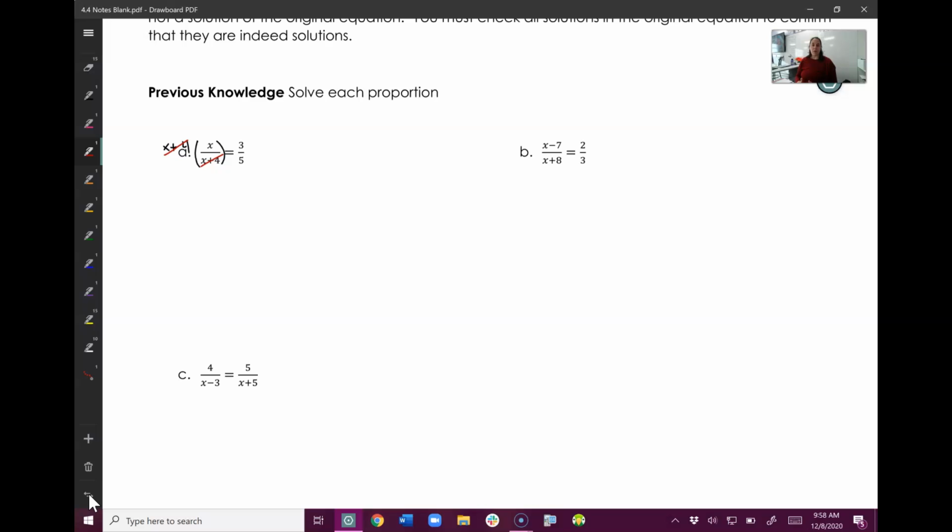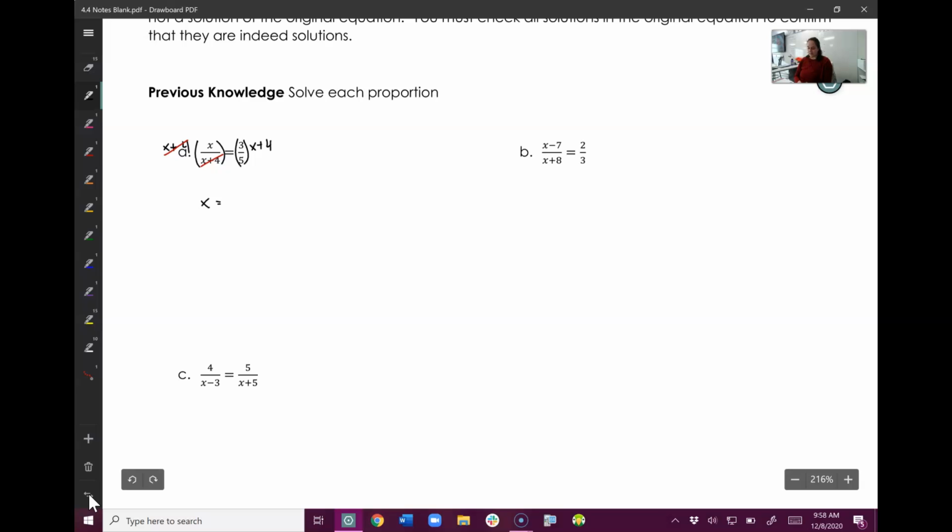That's exactly what I wanted to have happen in the first place. I wanted them to go away. But we also need to remember, anytime we do something to one side of an equation, we need to do the same thing to the other side to keep the equation balanced. So I'm also going to multiply this side by x plus 4.